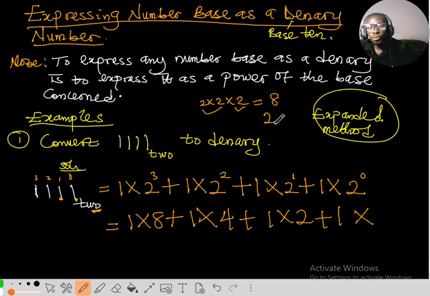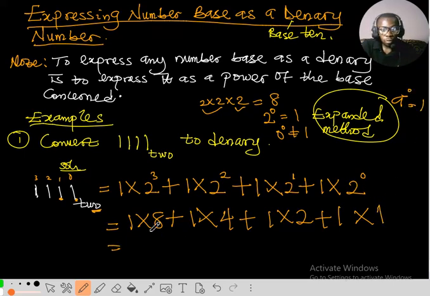Now 2 raised to the power of 0 is 1. Any number raised to power 0 is 1, except that 0 raised to power 0 is not equal to 1. So 2 raised to power 0 is 1, 1000 raised to power 0 is 1, a raised to power 0 is 1.